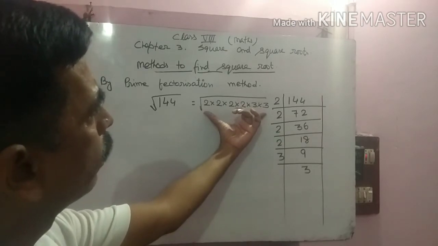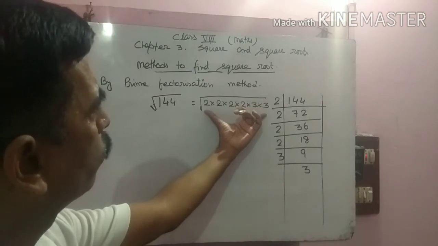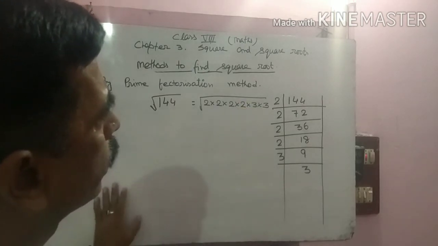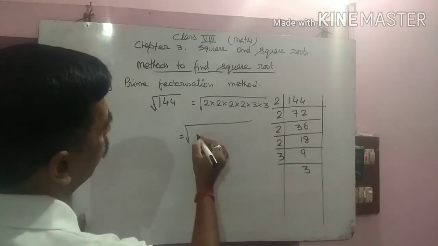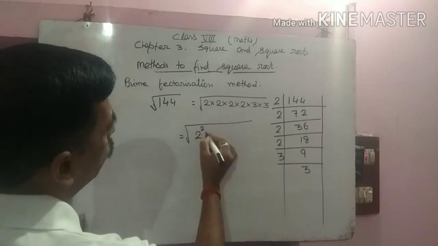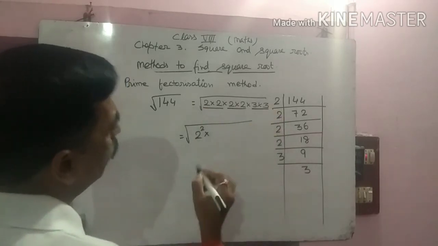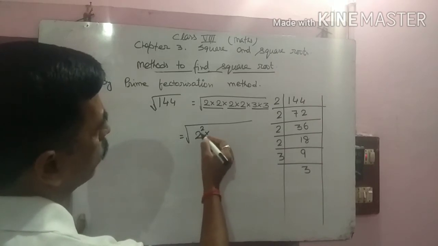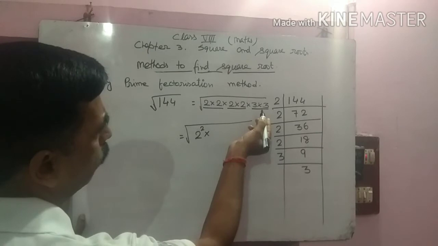So we have factorized 144 in terms of 2s and 3s. Finally you can write under the root, 2 raised to the power 2, and for the 2s it makes pairs. One is a pair of 2, this one is also a pair of 2, and finally this is a pair of 3.